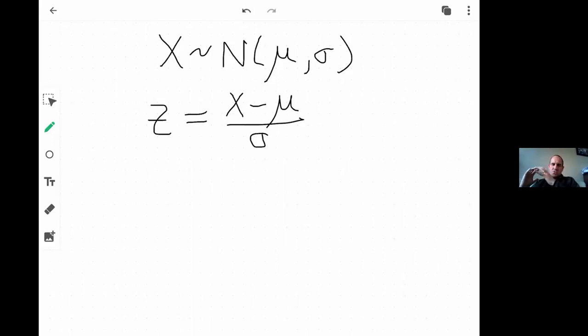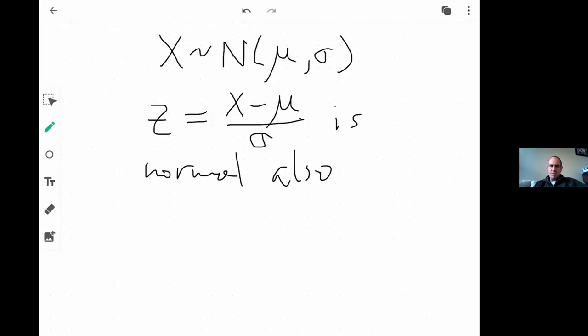So the whole distribution would look the same. And then dividing by sigma, all that's going to do is take the whole distribution and scale it by sigma. So it's not going to change the shape of the distribution at all. It's going to look the same, and therefore it makes sense that this would be normal also.